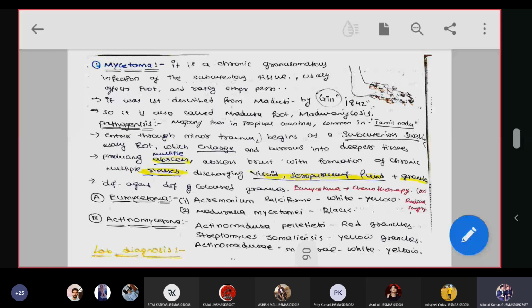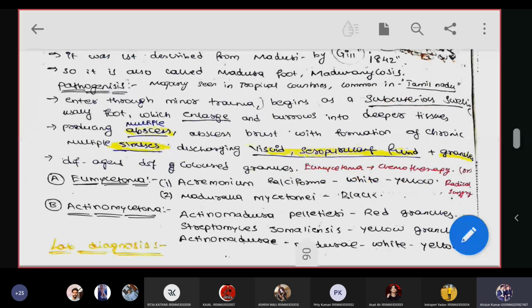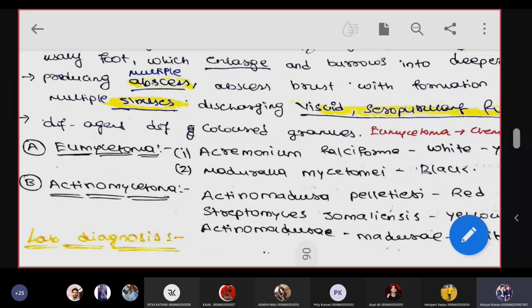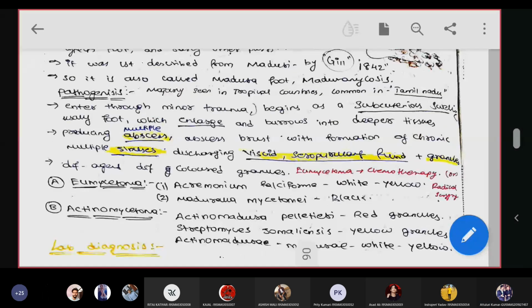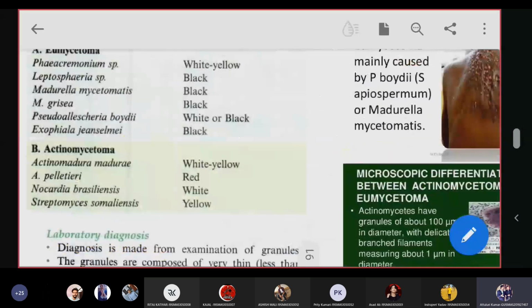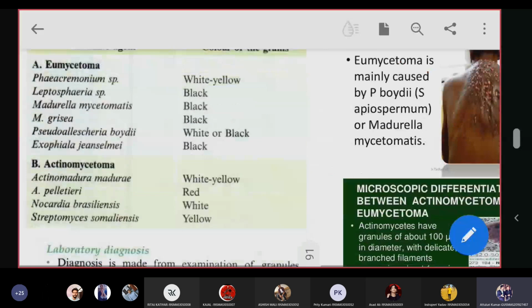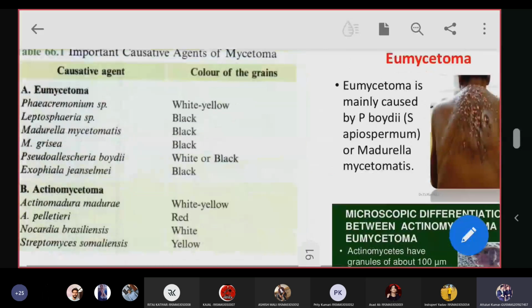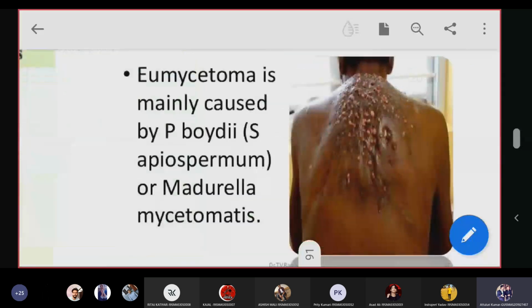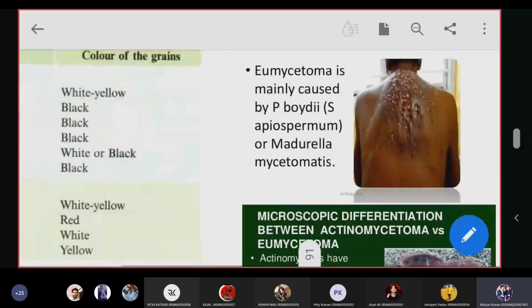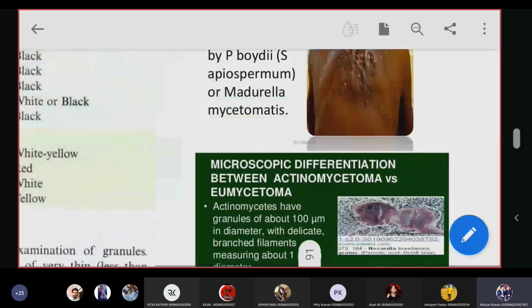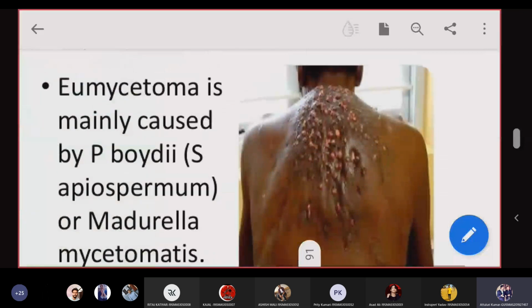Now there are two types of mycetoma, students. One is Eumycetoma and the other one is Actinomycetoma. So the major difference between them is that one causes infection other than in the foot, such as your back.